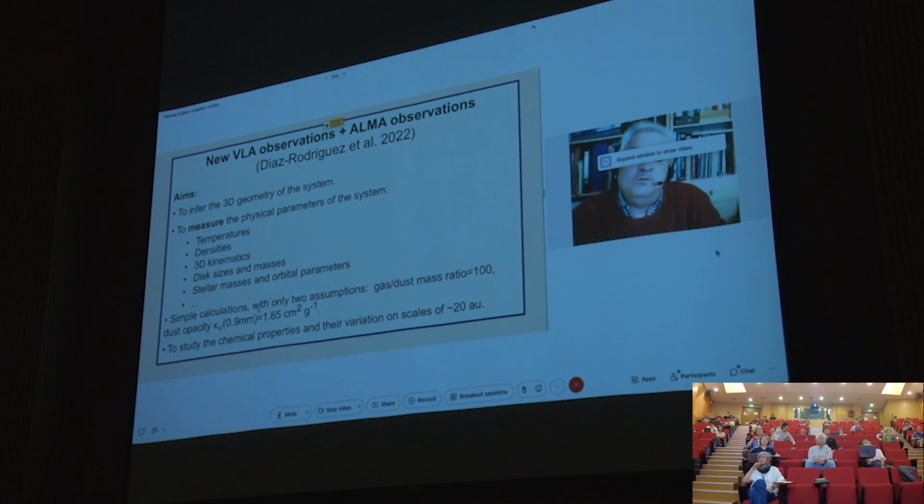We tried to calculate everything in a self-consistent way, so we did not make assumptions on the mass of the stars or anything else. We derived everything from the observations, and we just assumed the gas to dust mass ratio and the dust opacity. We were able to obtain these parameters and the chemical properties on a scale of around 20 astronomical units.